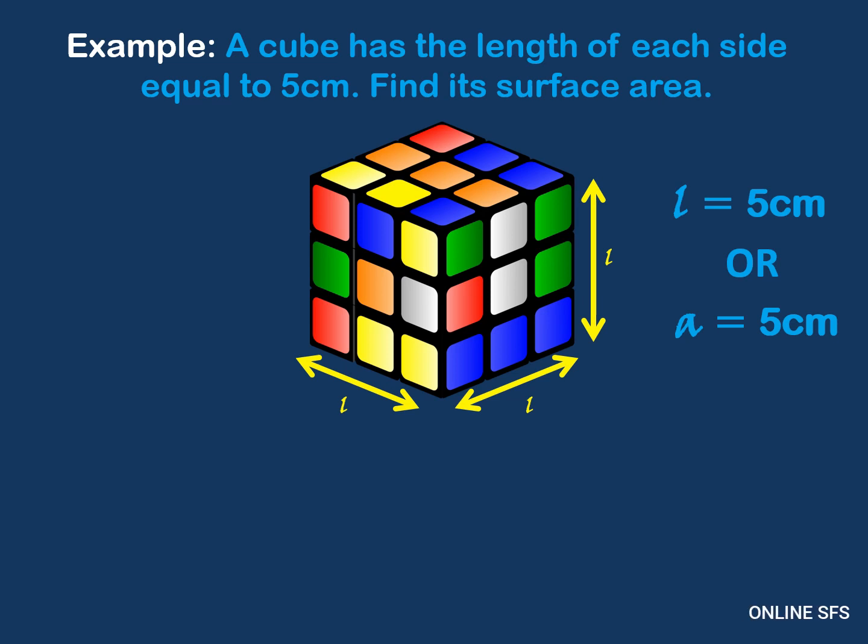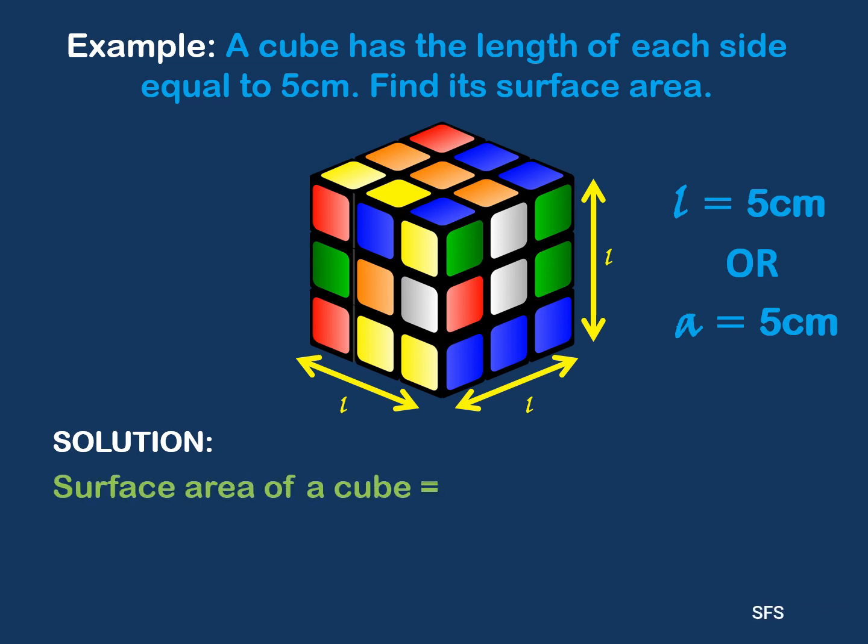Now calculating the surface area with the help of the formula, that is, the surface area of a cube is equal to 6A square, which equals 6 multiplied by 5 multiplied by 5. We have replaced the value of A over here and we will get our answer, 150 square centimeters.